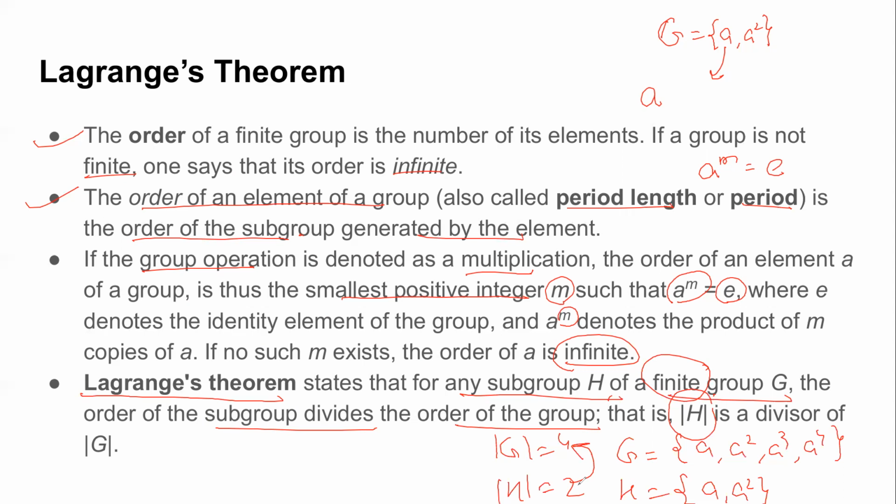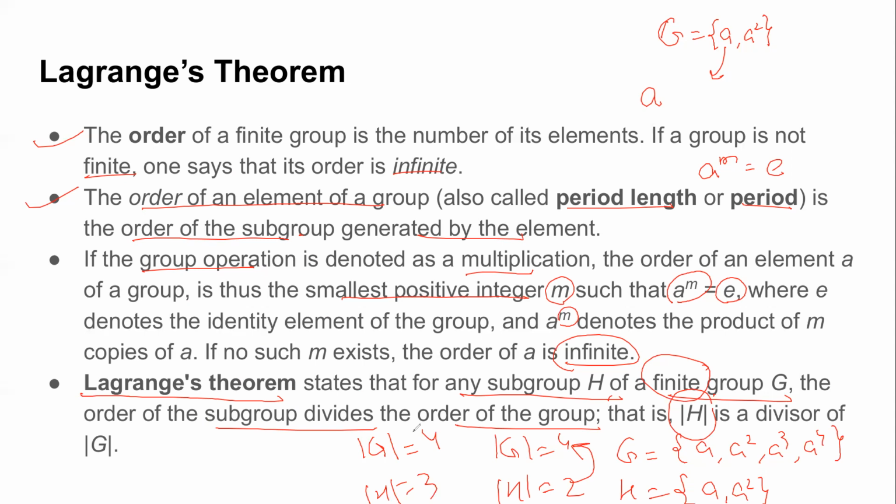Is that clear, class? This slide actually relates the order of a group and the order of a subgroup generated from that group. Is that clear with the example we are talking about? See, we cannot have something like this: size of G is 4 and size of H is 3.